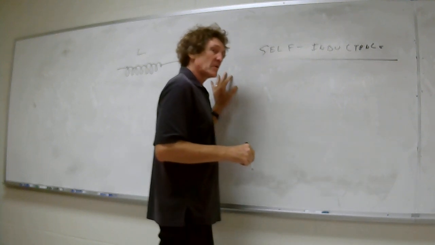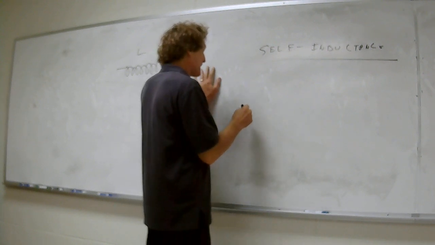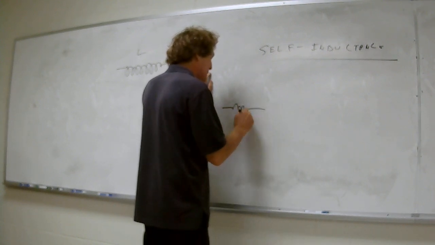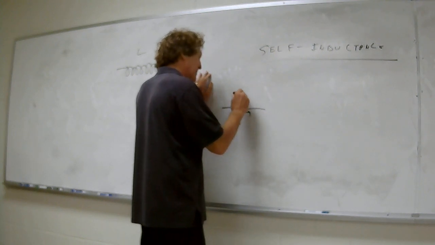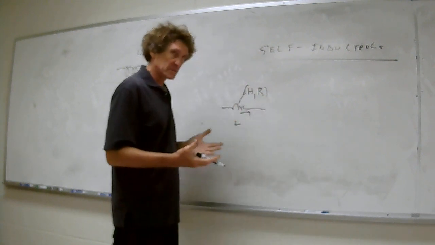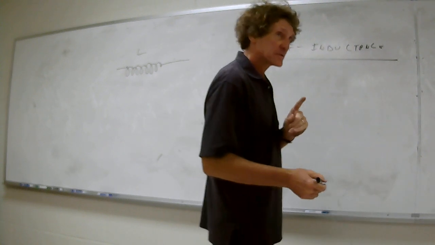A couple of different ways to do this. One is this. Anytime you have current in an inductor, it causes a net magnetic field all around. Now, this is important to write this down.